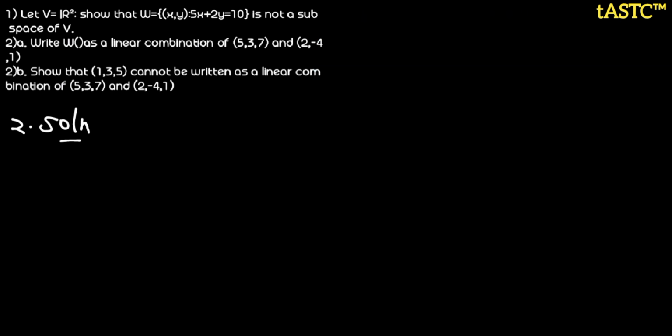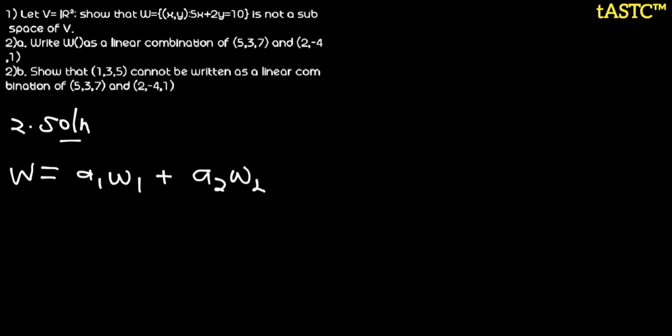Now 2b says, show that this cannot be written as a linear combination of these two. So let us try to do that. First off, for a linear combination, there must be something like this. W should be equal to A1 W1 plus A2 W2, right?